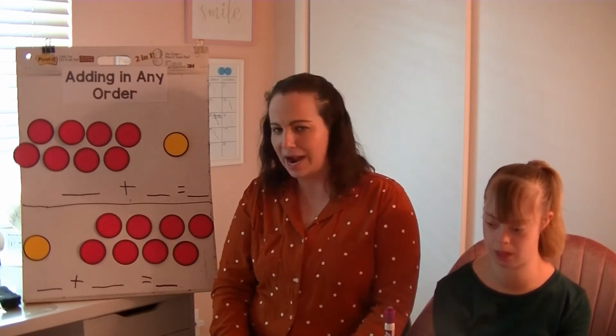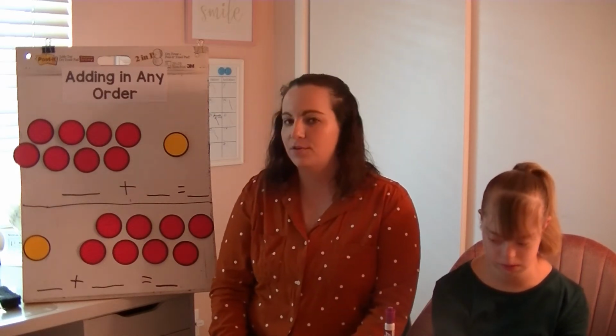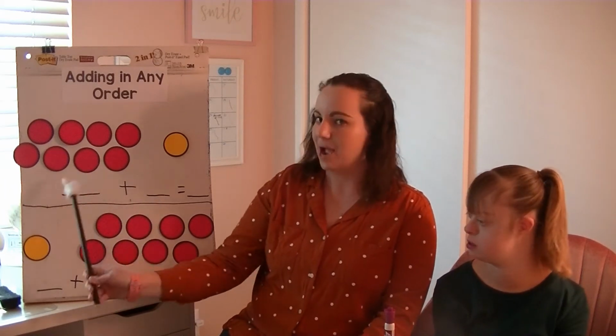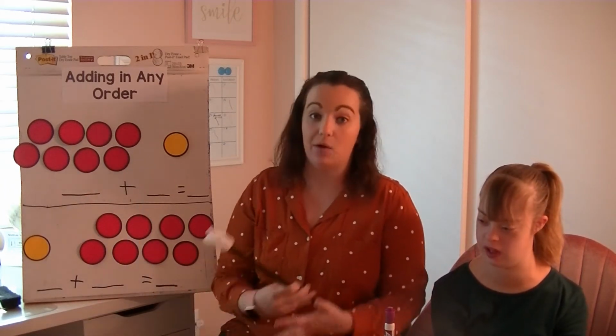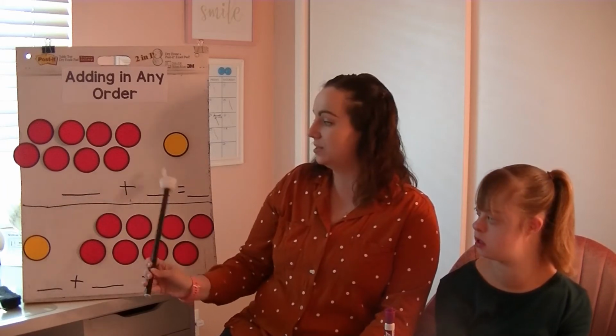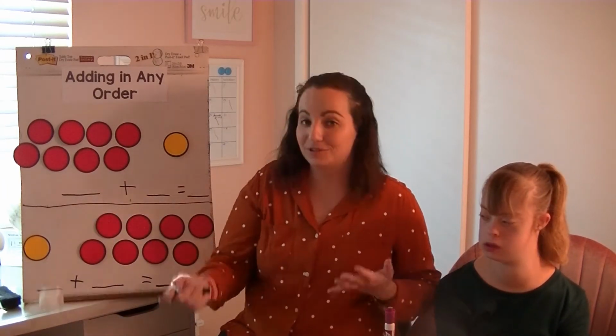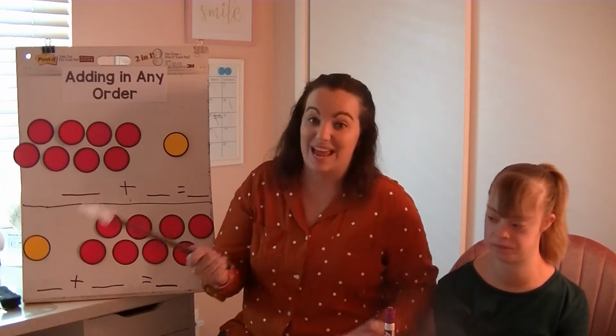We're back with our next set of problems. Again, we're trying to find out if the order in which we add addends matters, or can we add the addends, the numbers we're adding, in any order? We're trying to prove or test that.